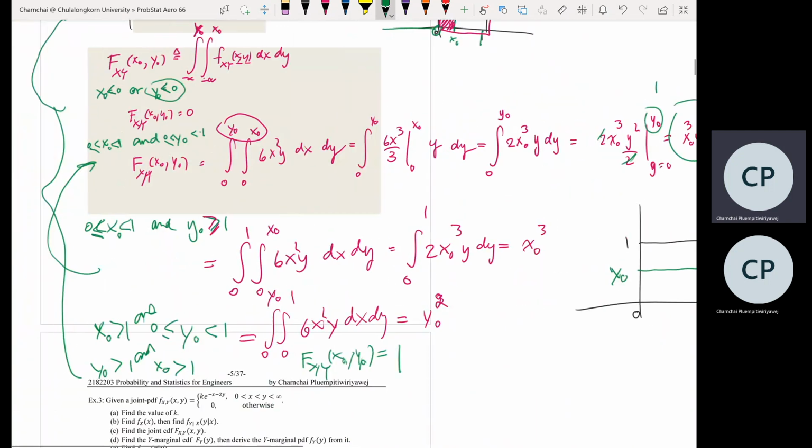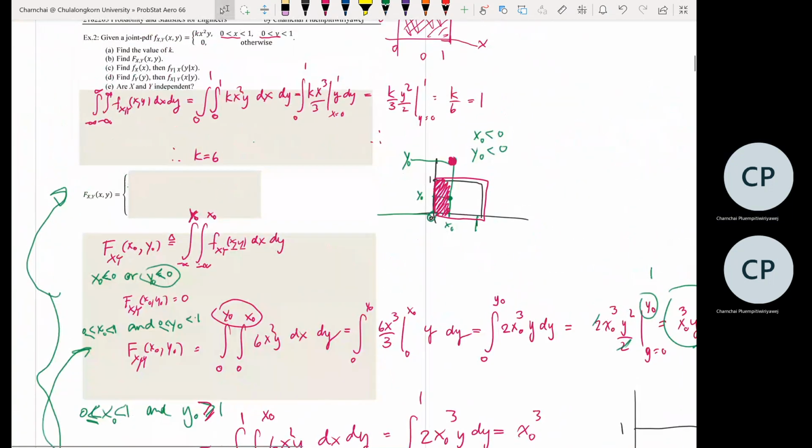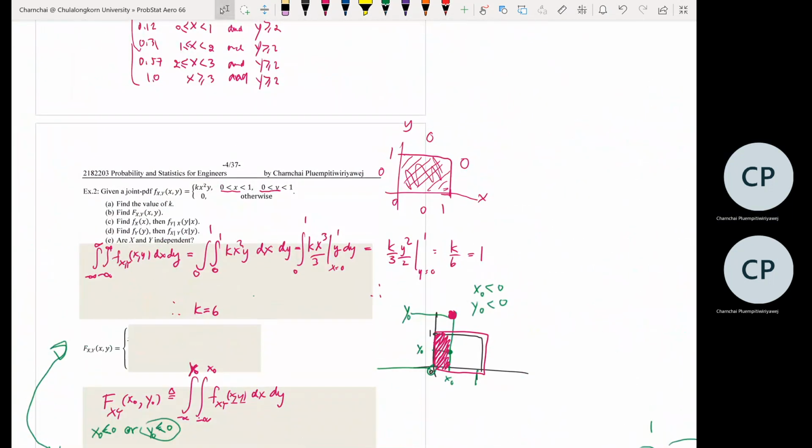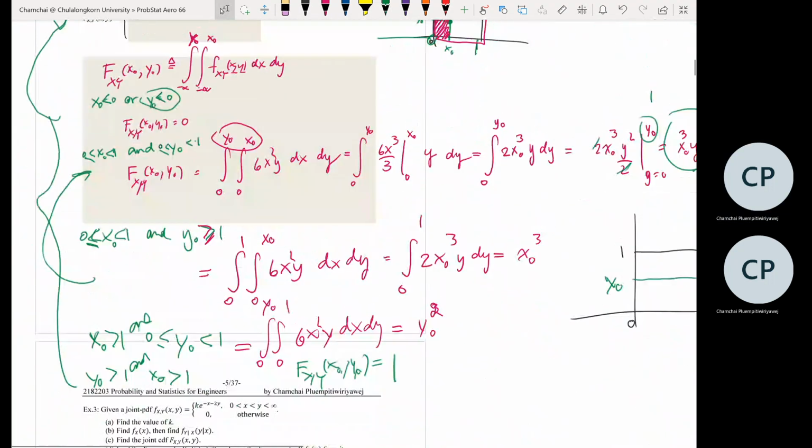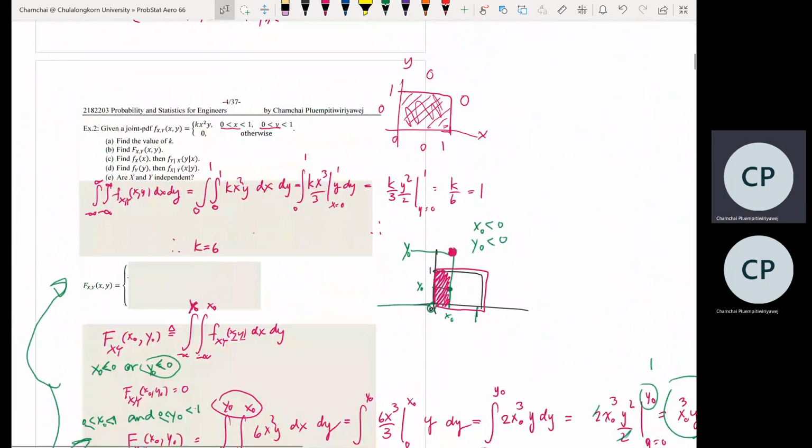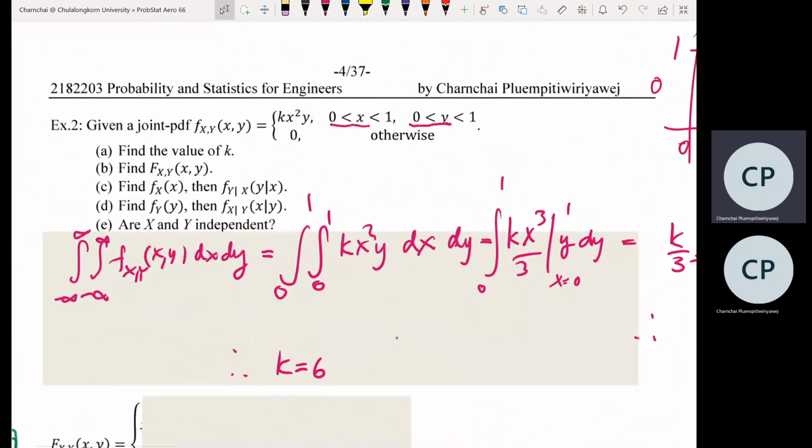All right, next. We're running out of pages. Next, we want to find the marginal f of x, the marginal x.